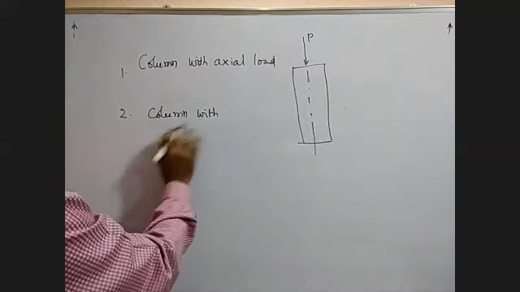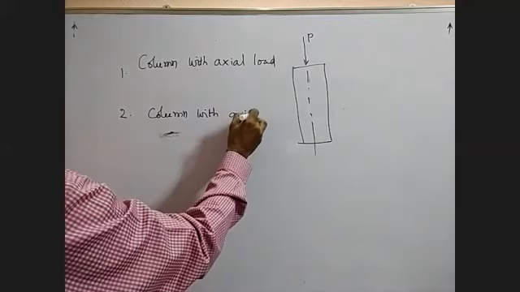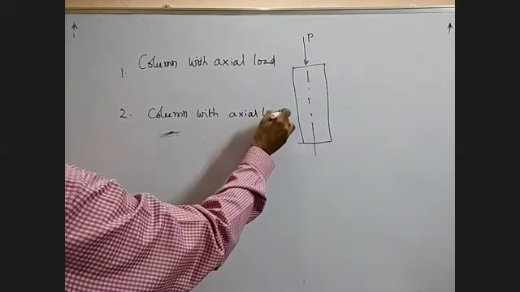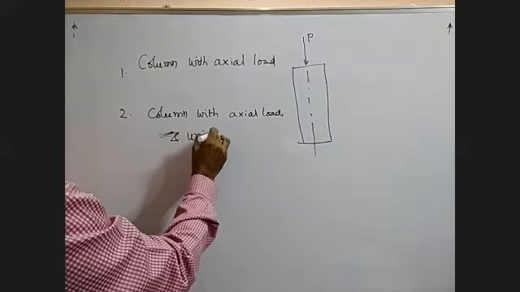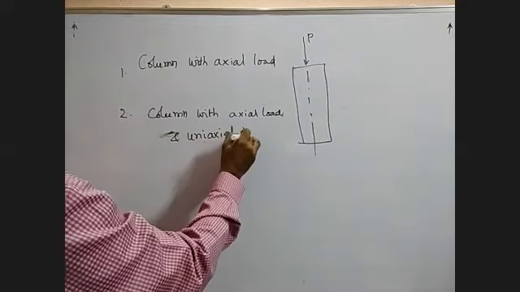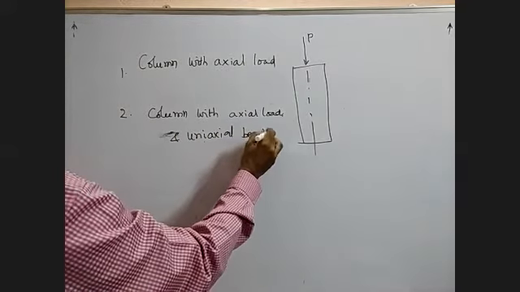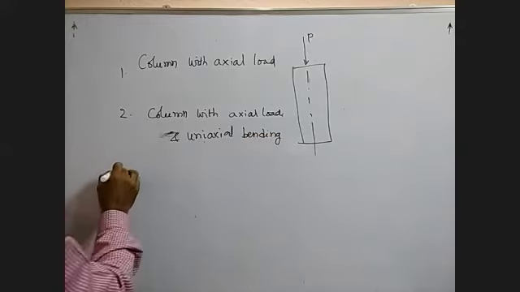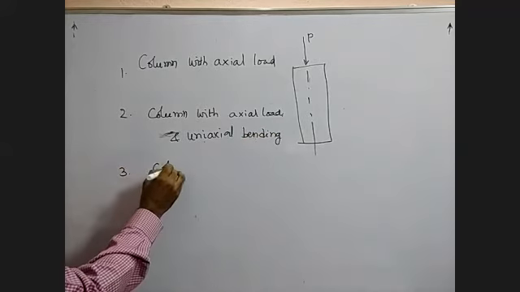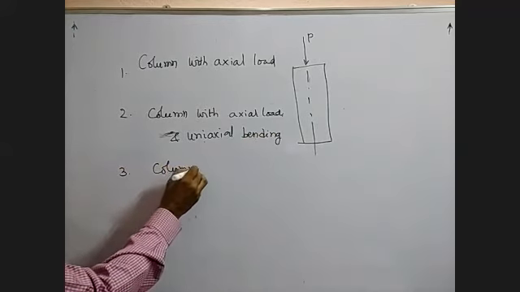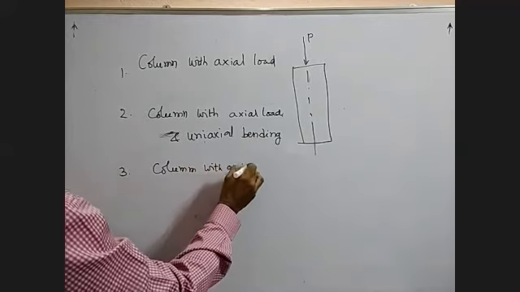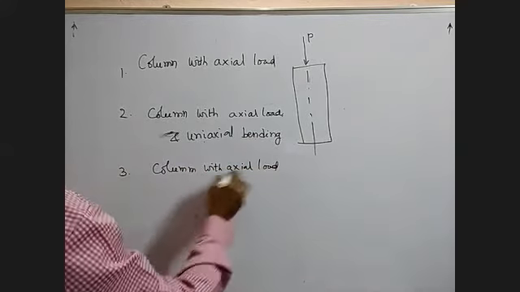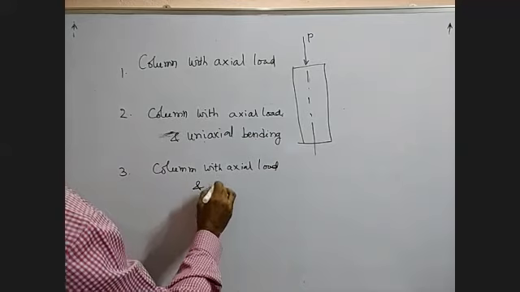The second one is column with axial load and uniaxial bending. Third one is column with axial load and biaxial bending.